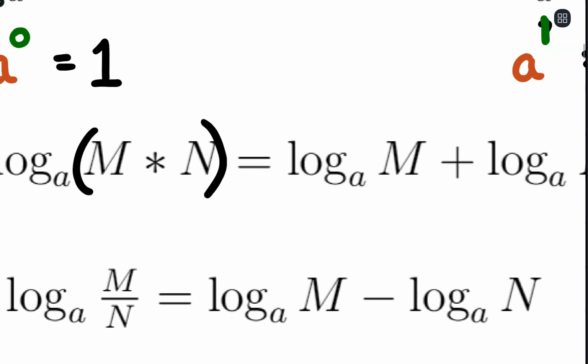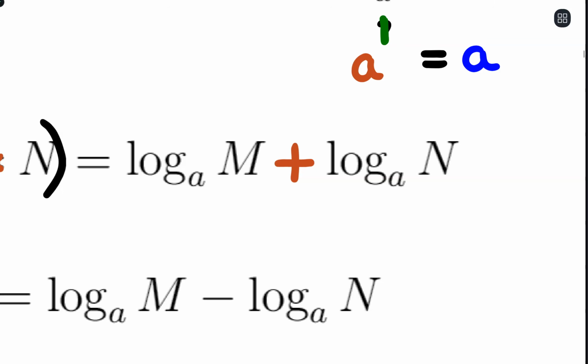It's the fact that multiplication inside the logarithm can be separated to addition outside the logarithm. So logarithm base a of m times n is the same as log base a of m plus log base a of n. So we can separate it out.